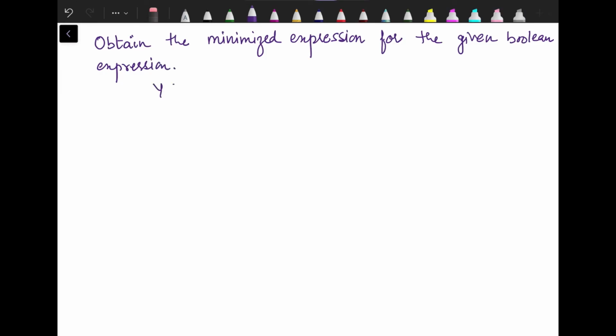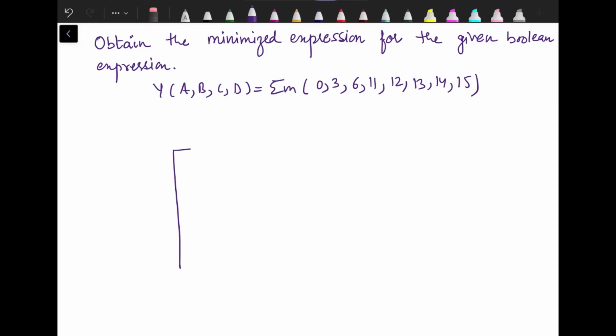What's given in the Boolean expression? Y(A, B, C, D) equals summation m(0, 3, 6, 11, 12, 13, 14 and 15). So again it's a four variable problem. Let's make the four variable K-map first.